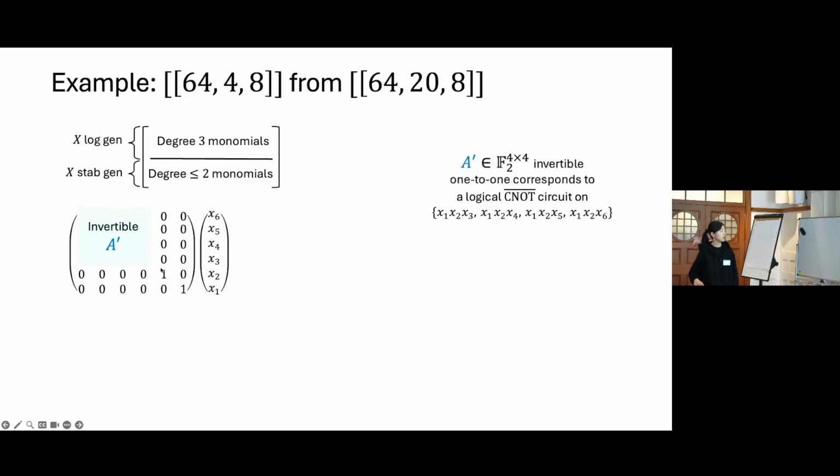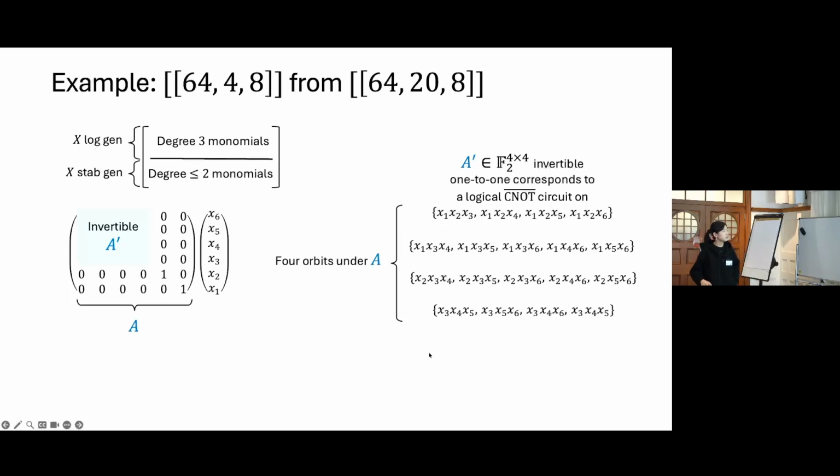Here, I will leave x2 and x1 intact, because every monomial I choose has this x1, x2 here. And this invertible top left quadrant acting on this x6 to x3 will correspond one-to-one to a logical circuit on the 4 chosen logical qubits.